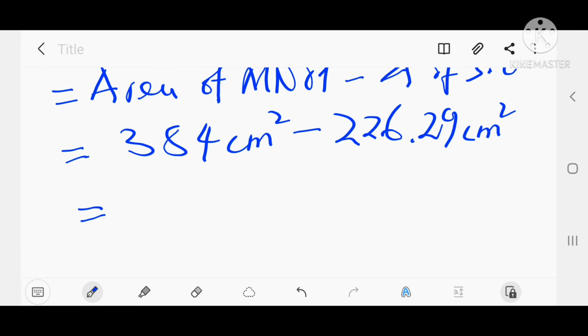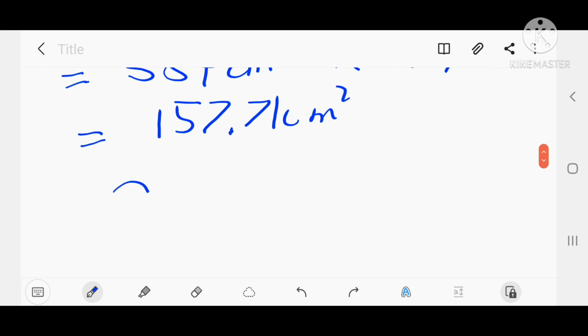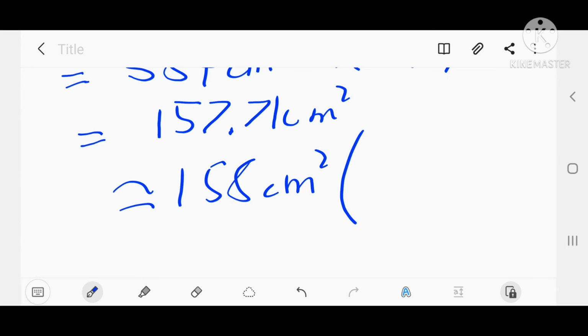That will give us 157.71 centimeters squared. Cool. So that gives us an approximation of 158 to 3 significant figures, as required by the question. So this is the area of the shaded portion.